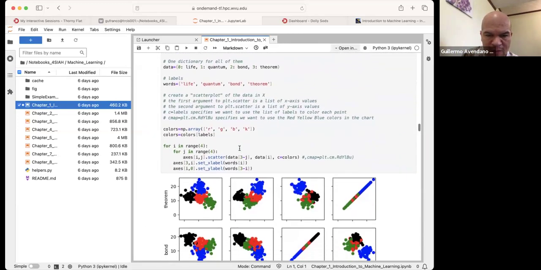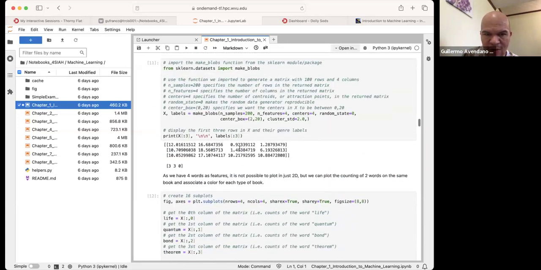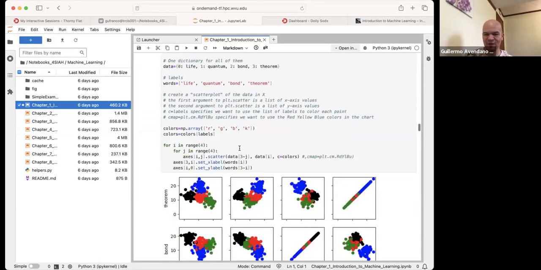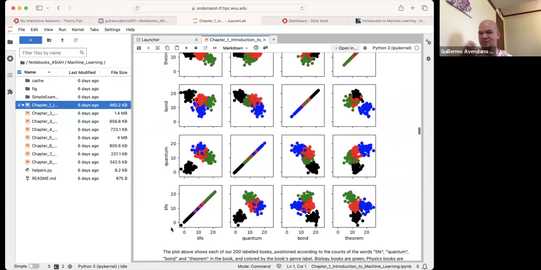Here we have, let's say, a set of books with some features, and I will try to classify them due to the presence of certain keywords in them.